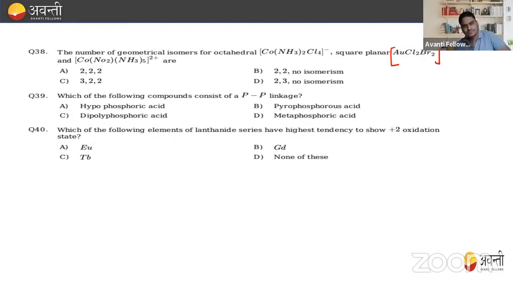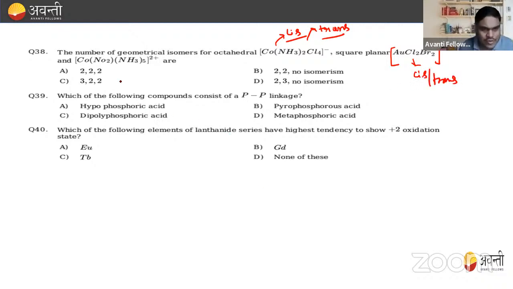So we know that for the octahedral, there are two types of geometrical isomerism. That is, this will show one cis and one trans, right? So one cis isomer, one trans isomer. So they have two. Now the second one is square planar and it also shows cis and trans, right?